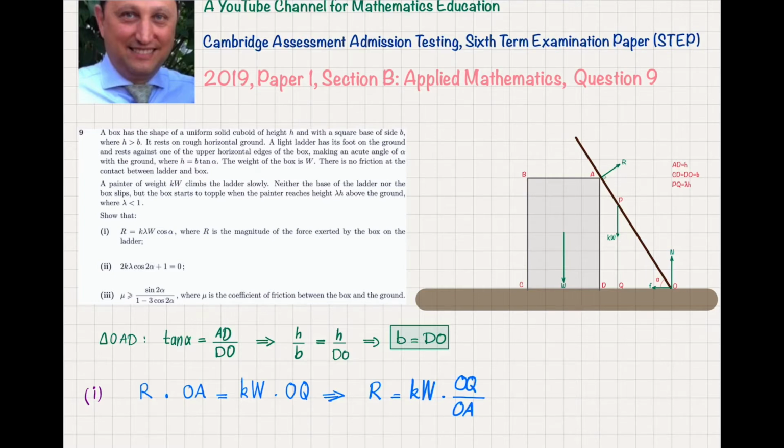But if you consider this right angle triangle here, then this OQ is the hypotenuse, which is OP, multiplied by cosine of alpha. So instead of OQ, I write OP multiplied by cosine alpha, and then divided by OA.